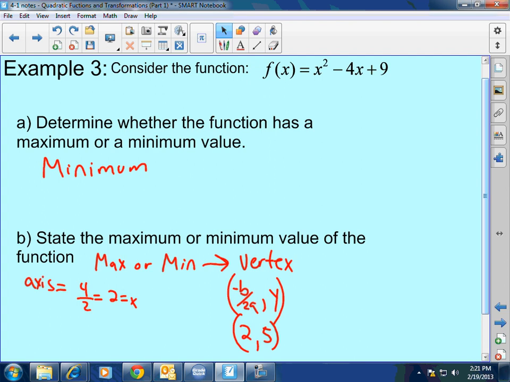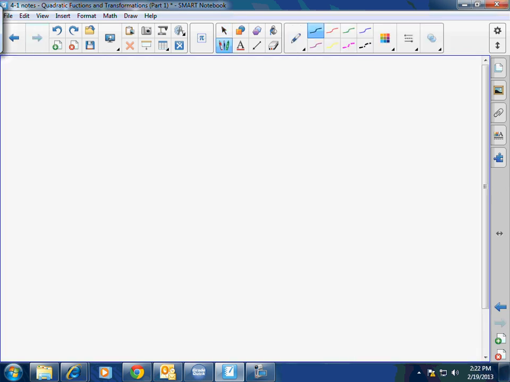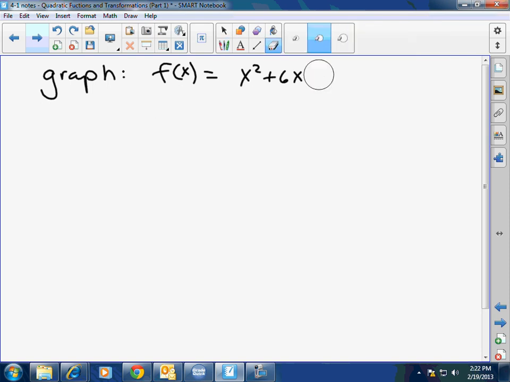Alright, so now, this is very, very important for you to be able to do. What if I say graph, whatever, I'm going to make one up, f of x equals x squared plus 6x plus 8?